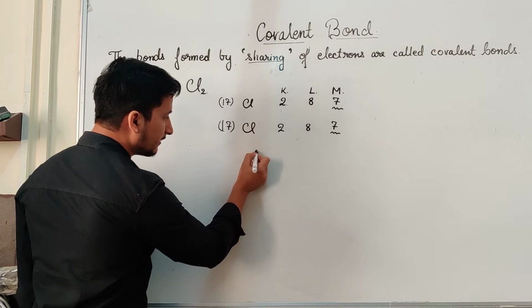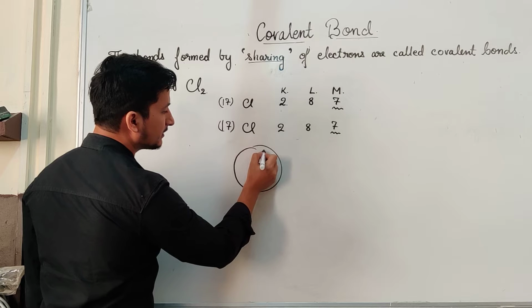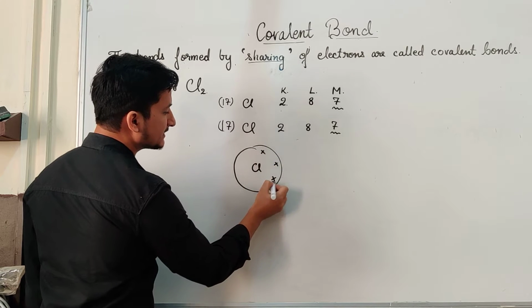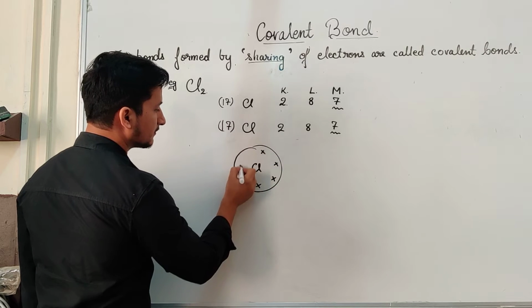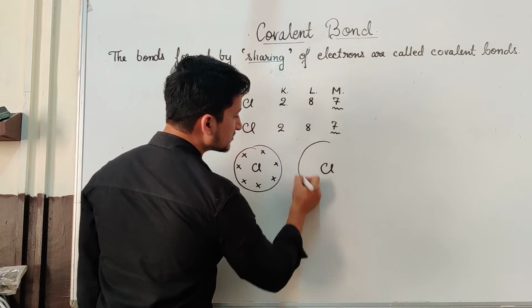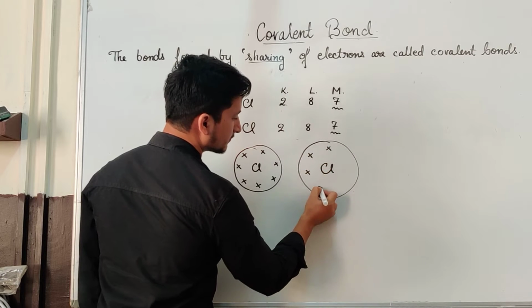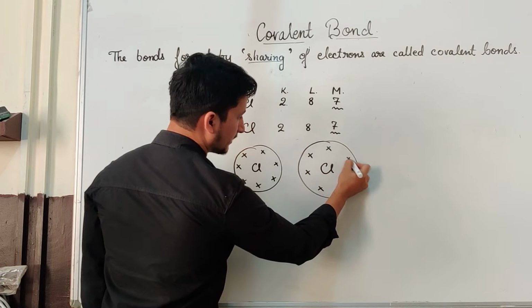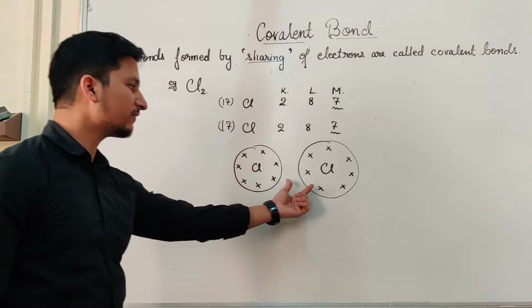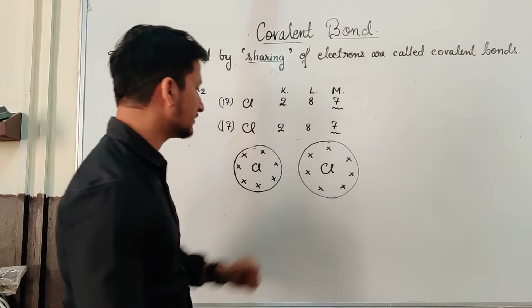So here, if I draw the valence electrons of chlorine, chlorine has 7 valence electrons. The second chlorine atom also has 7 valence electrons. Now both of them want one more electron to complete their octet, to become stable.